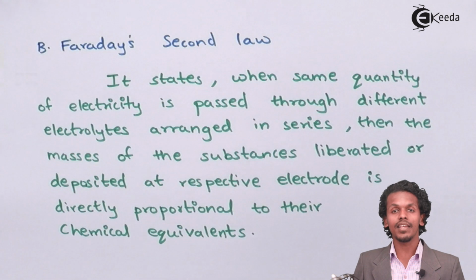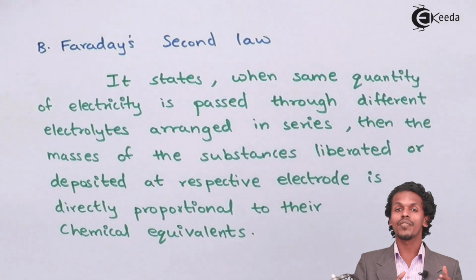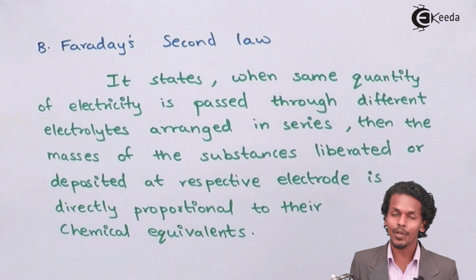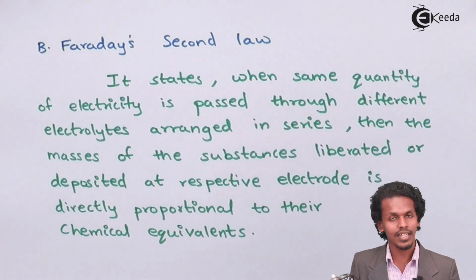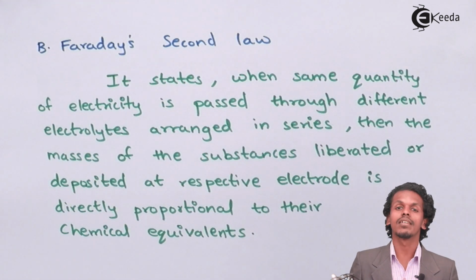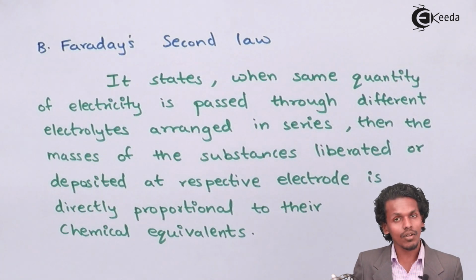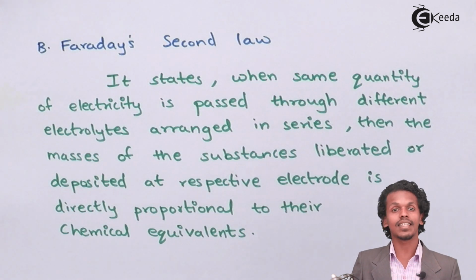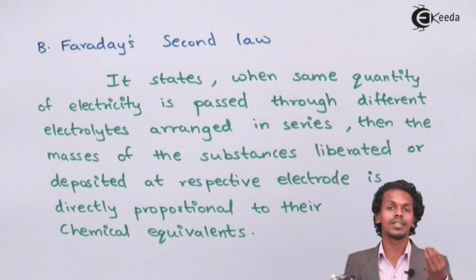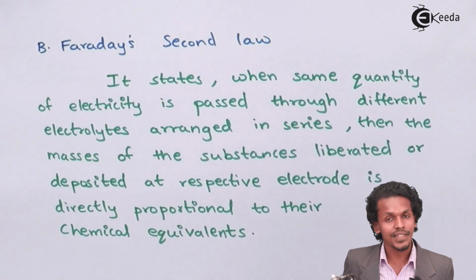So this is the theory elaborated by Faraday. The first law states that the higher the electricity, the more will be the weight of the sodium or the main cation or anion that deposits on the respective electrode. The second law states about the equivalent weight: the more the equivalent weight, the more will be the weight of the particular substance deposited if multiple half cells are connected in series.